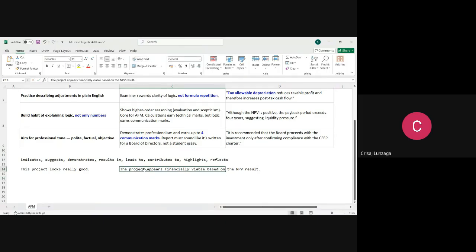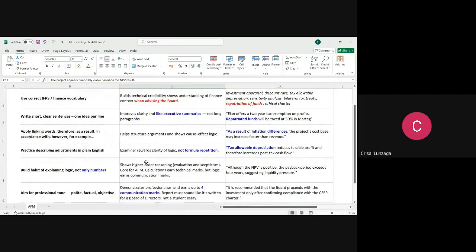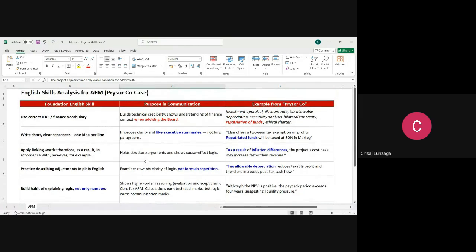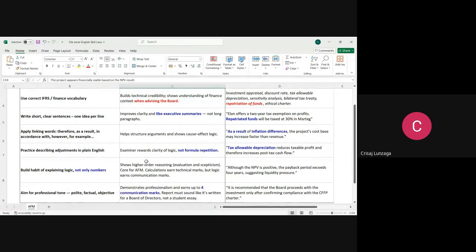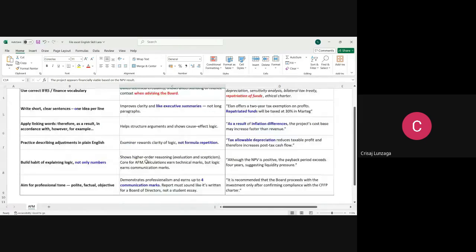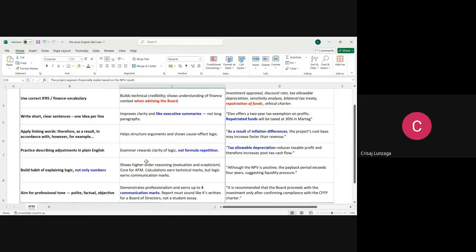So as you can see, we don't only give the number, but we also explain what the number is about. That's the main point of these skills, for your reports to sound more professional and clear. So that's how you write in financial English.